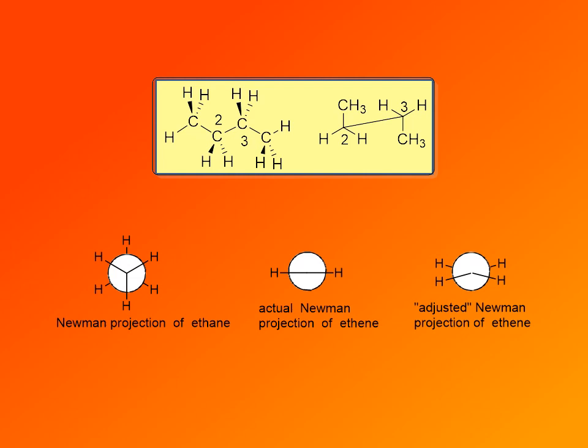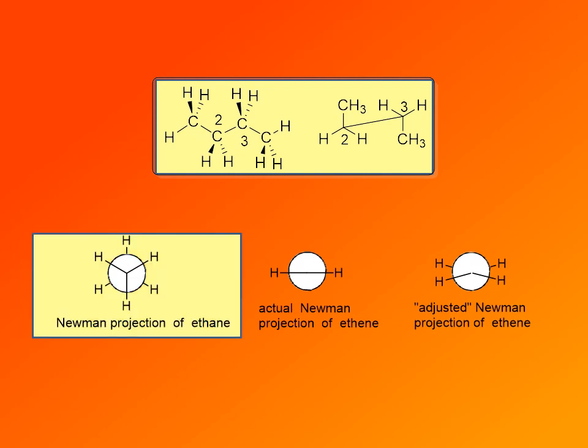So this closer carbon atom is the dot from which 3 bonds are projecting as a letter Y. And then the back carbon atom is represented as a ring. So we don't see the bond between the 2 atoms. It's simply along the line of view. So the back is represented as a ring. You see it right here.